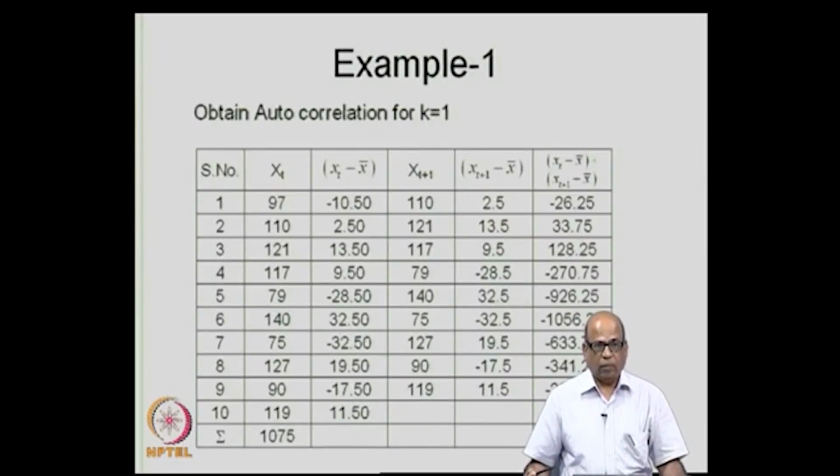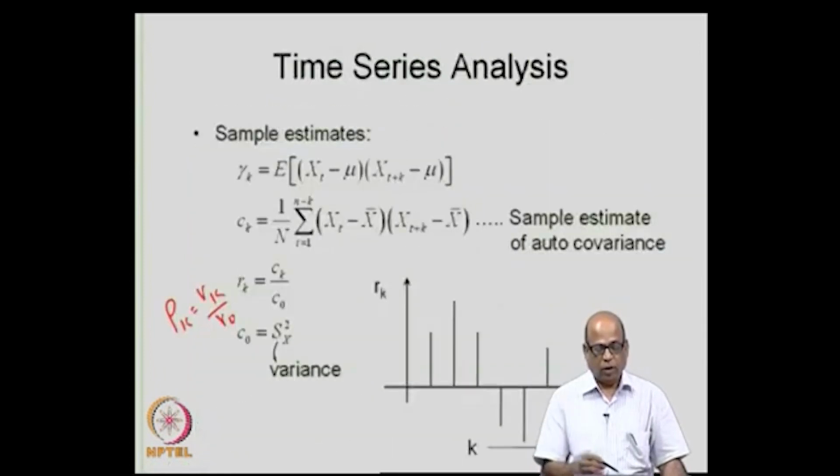So, let us take an example now. You will have a series of observed values. So, this is the x t which is observed. Let us take 10 values and compute the autocorrelation for k is equal to 1. The sample estimate for gamma k, which is R k, is given simply by C k, which is estimated like this, divided by C naught, which is the sample estimate for variance.